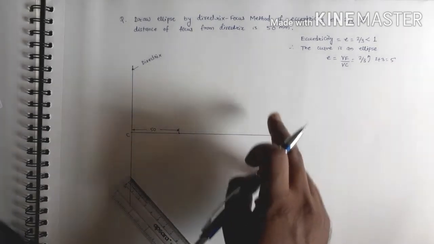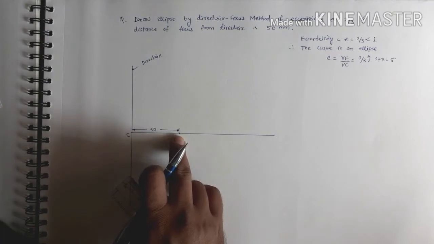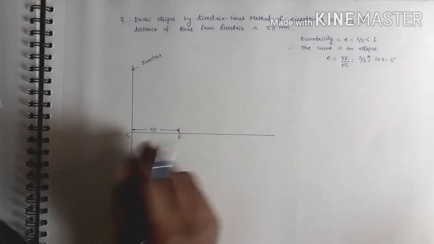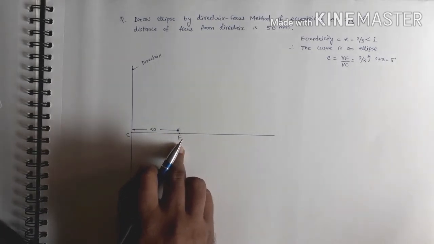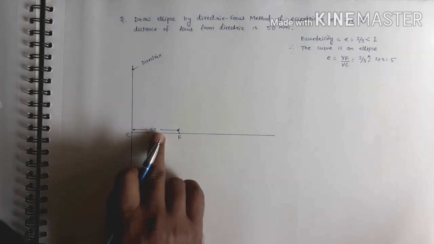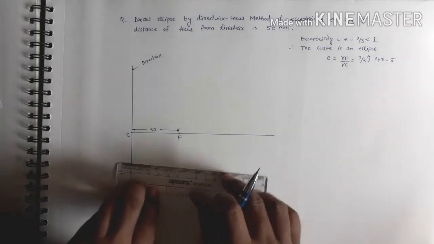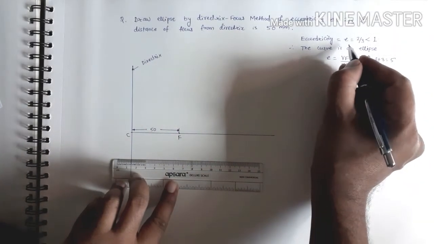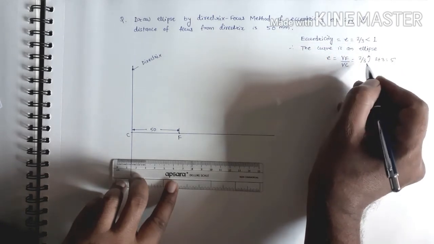First, divide this line. This is the focus point. Distance of focus from directrix is 50 mm. So CF is 50 mm. Now V, that is the vertex on the ellipse, V point is given by the relation eccentricity E is equal to 2 by 3.